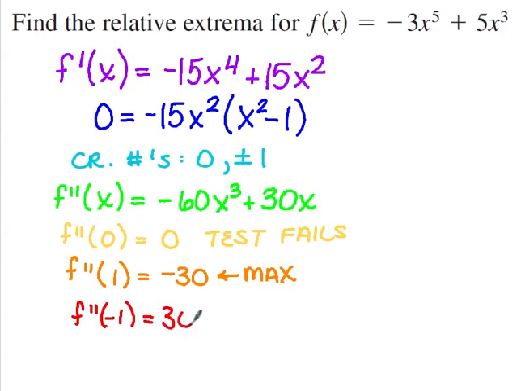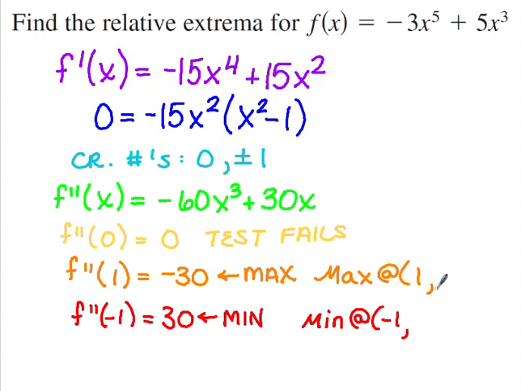Positive 30, so that tells me I have a min. So you can conclude that you have a minimum at negative 1 something, and a max at 1 something.